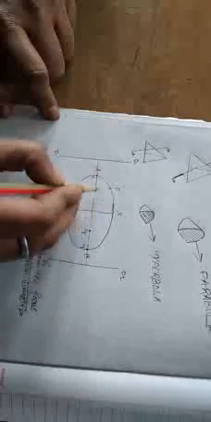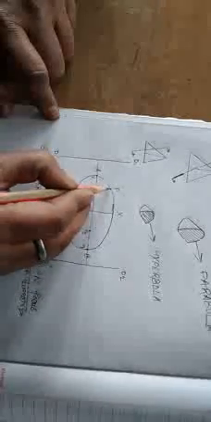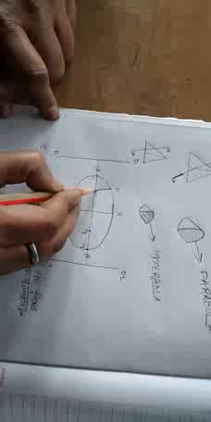The distance of the point from the focus is actually the shortest distance. Suppose we take the focus F1, then PF1 is the shortest distance of that point from the focus, and if we draw a perpendicular from this point to the directrix, suppose this is S, then e of this ellipse is PF1 by PS.